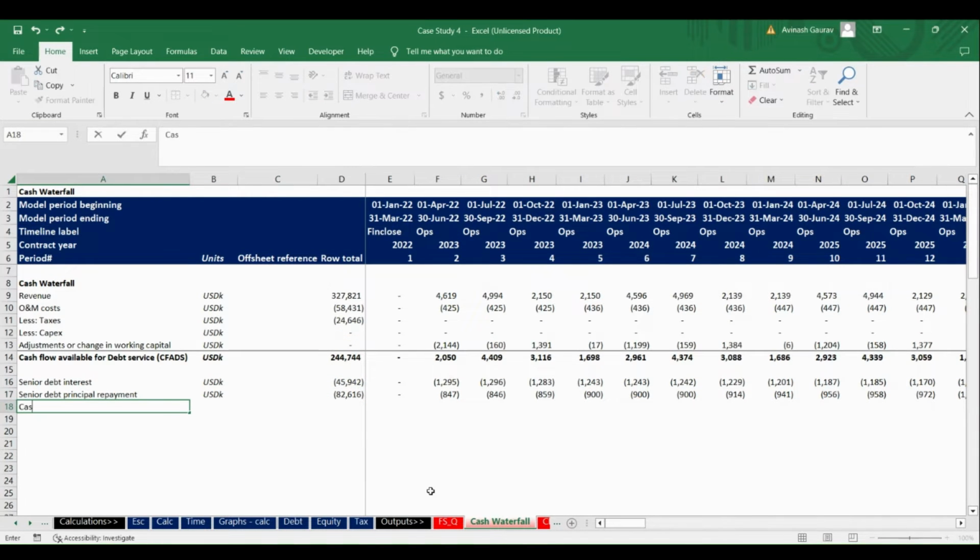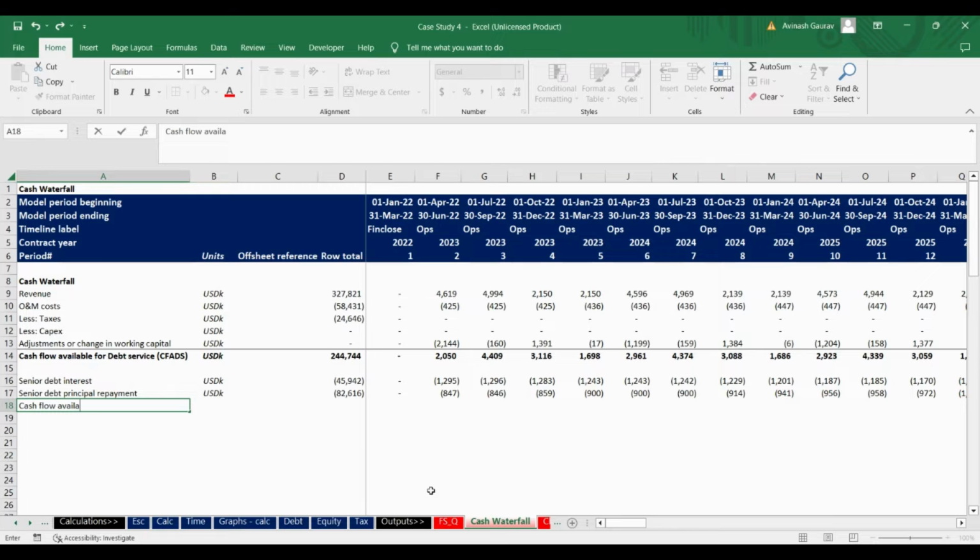Now after this, you can say your cash flow available for junior loan or RCF, right? So once the senior debt lenders are paid, then if you have a junior loan, you need to say this as a cash flow available for junior loan, because the next priority will be for the junior loan.